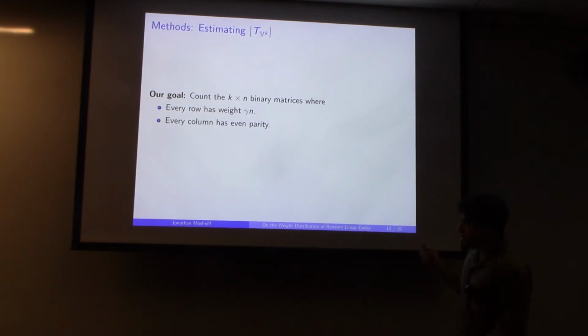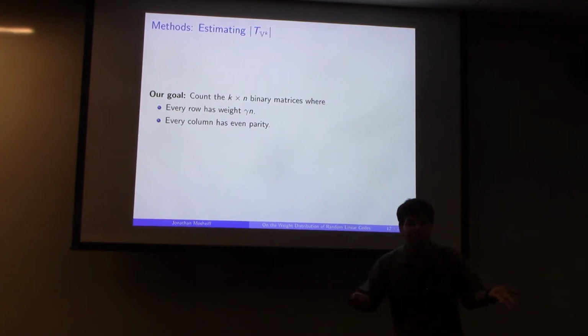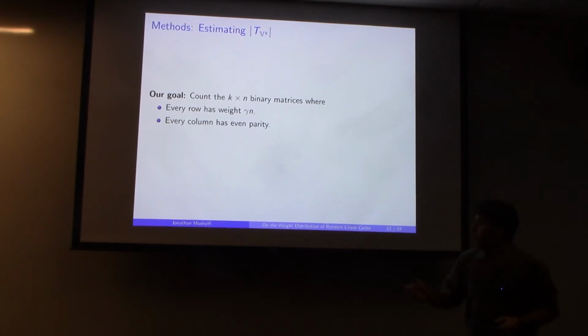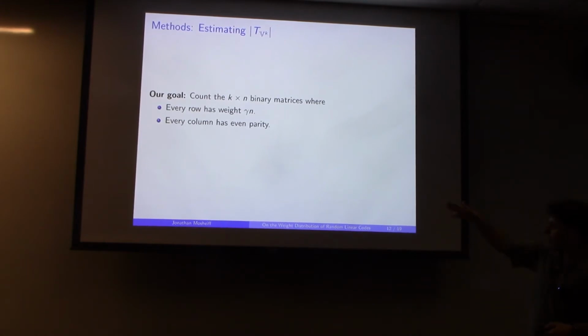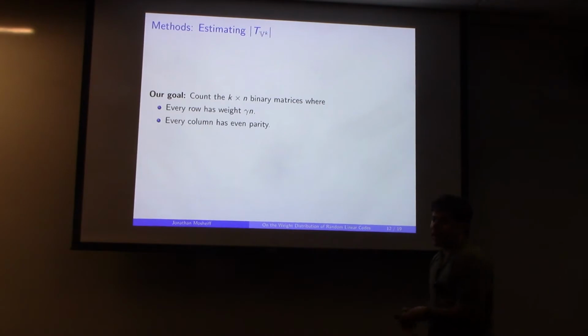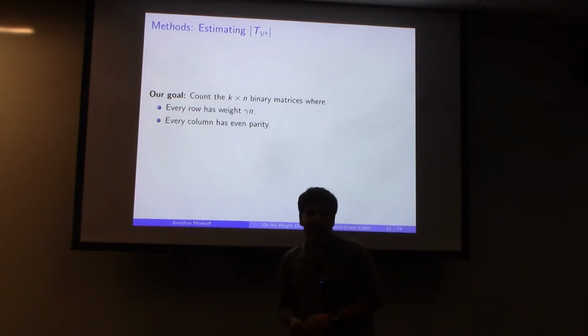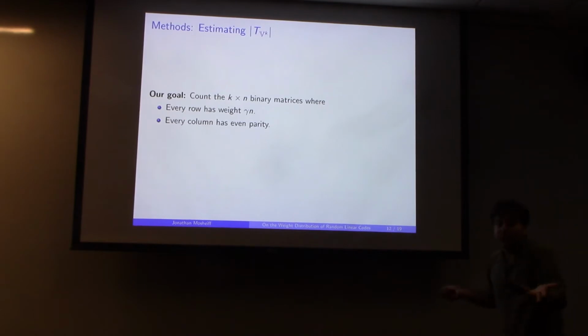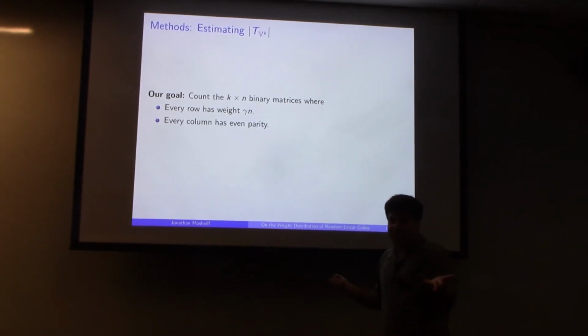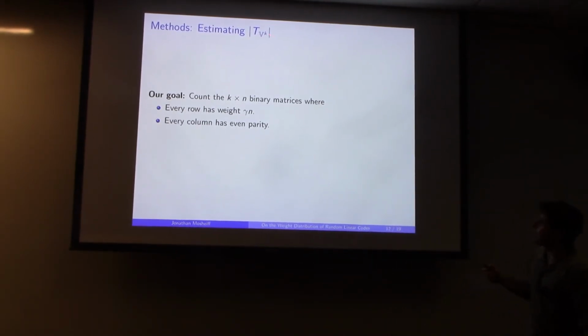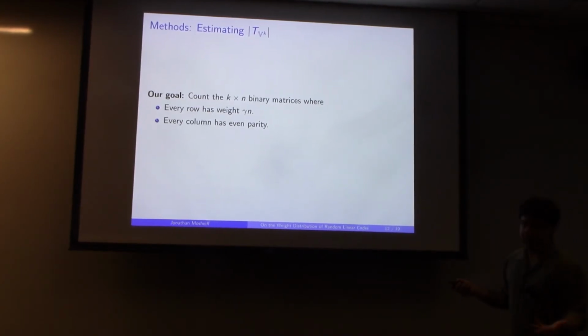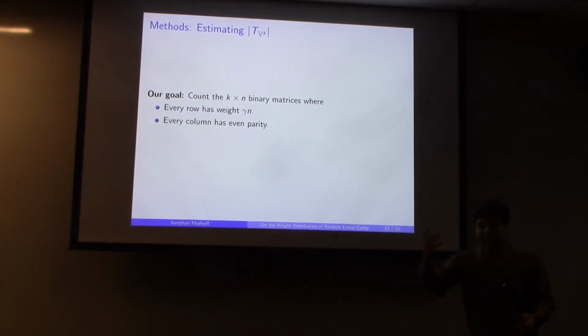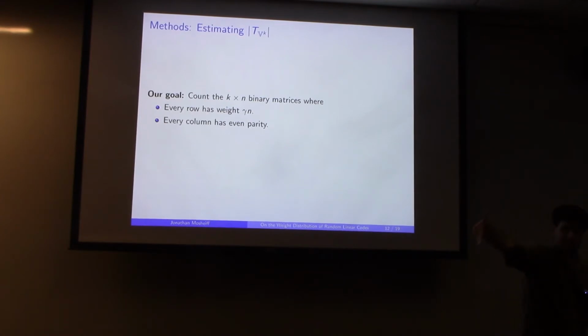We wanted to compute in general the matrices in which all the rows have weight gamma n and the columns all belong to a certain column space. In order to do that, we're going to start with the simplest non-trivial column space, and that's just the space of even vectors. That's actually the space that we said dominates starting from k0 on.